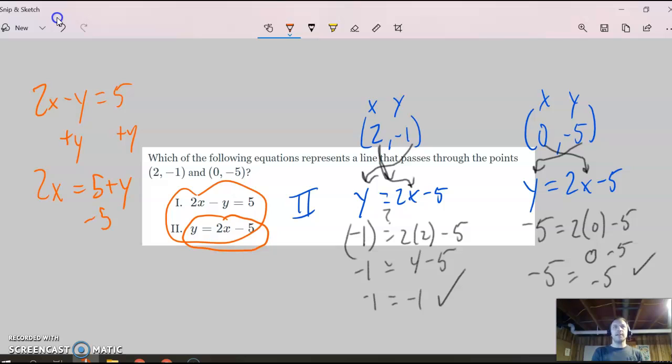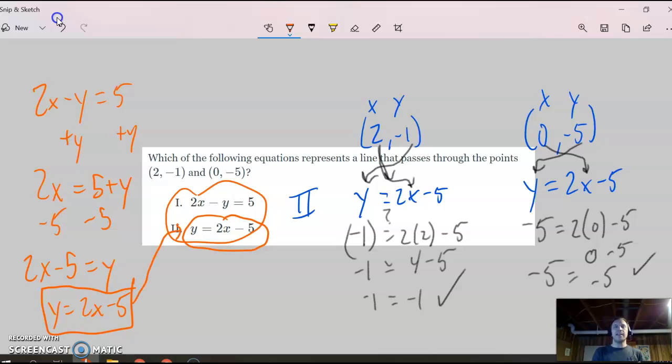Subtract 5 from both sides, and I get 2x minus 5 equals y. If I rearrange that, y equals 2x minus 5, notice how this first equation and the second equation are identical, they're just rearranged. So that could tell you that it works for both of them too. And so let's pull this up.